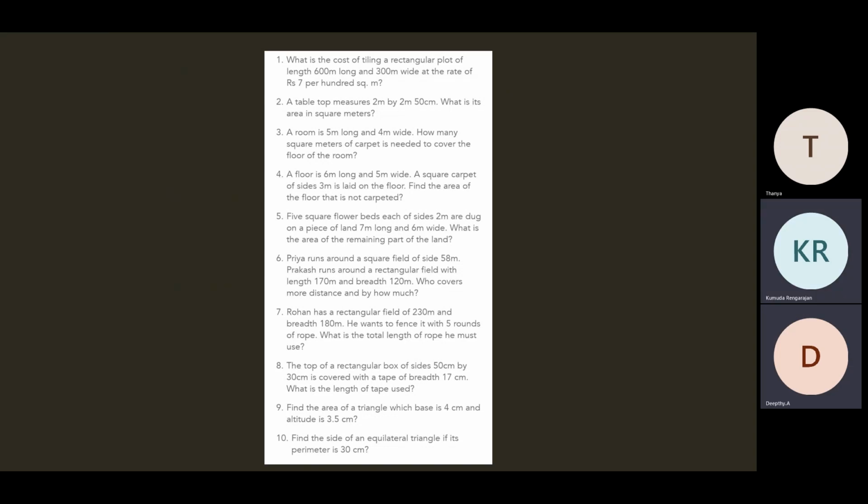I'll also share this image on WhatsApp. When I'm solving this question, I am supposed to write the question as well as the answer, right? If you've already written it once, you don't have to write it again. Yes, only then you can refer to it in the future.